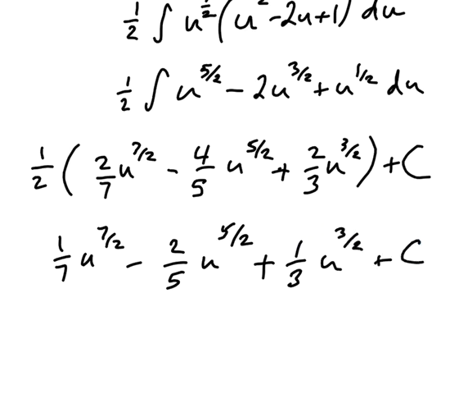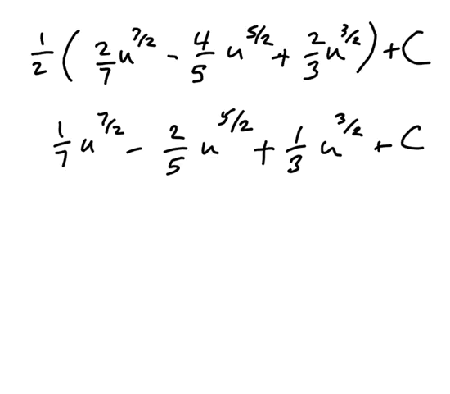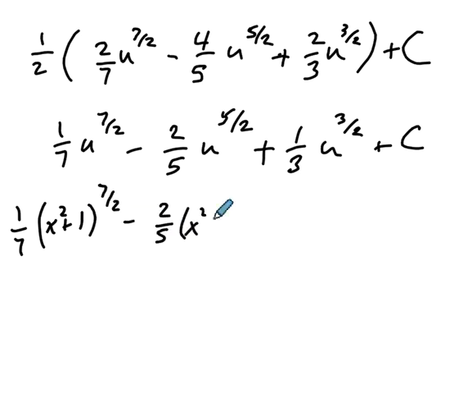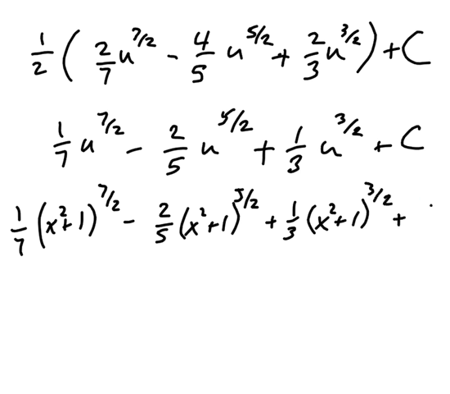The original problem was not in terms of u, so I need to rewrite it back in terms of x's. So I'll have x squared plus 1, x squared plus 1, and x squared plus 1. Final answer.